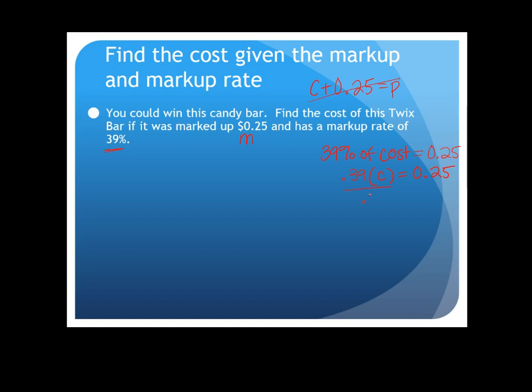If I just divide by 0.39, I'm going to get, let's see, 0.25 divided by 0.39 is 0.64, so 64 cents. So that's how you find the cost given the markup and the markup rate.